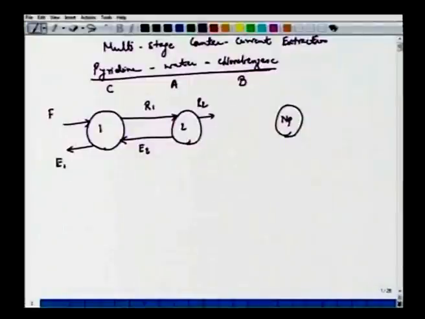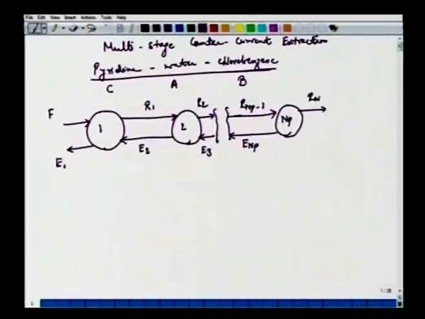You have R2 and this E3. All right. So the raffinate coming to this stage is RNP minus 1, and we have the extract from here, ENP, RNP the treated raffinate, and we have the solvent S. So this S or B is chlorobenzene.